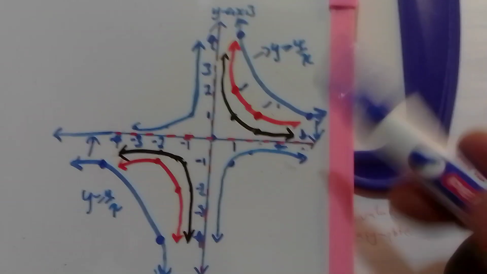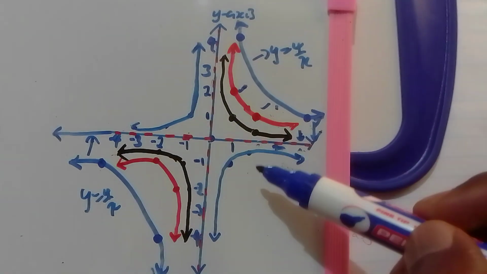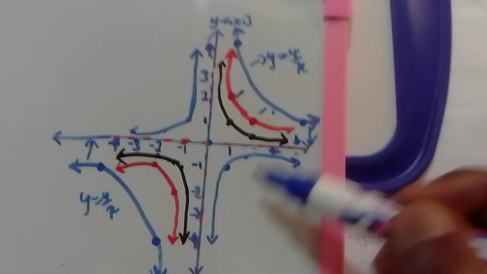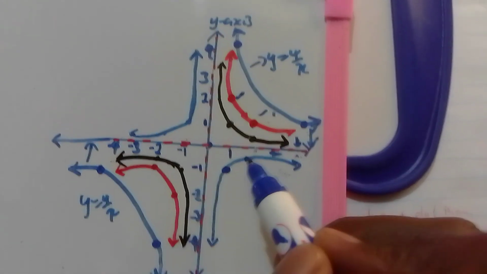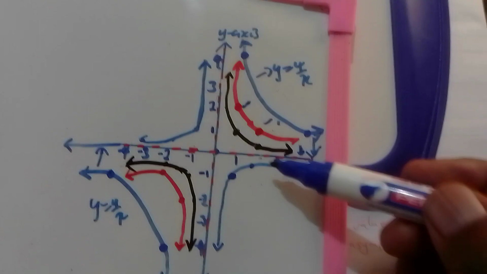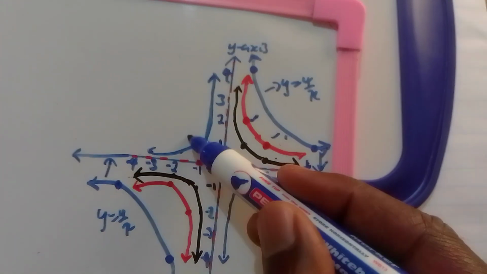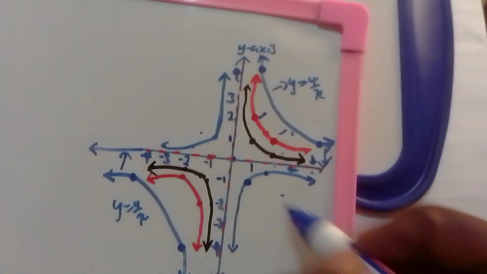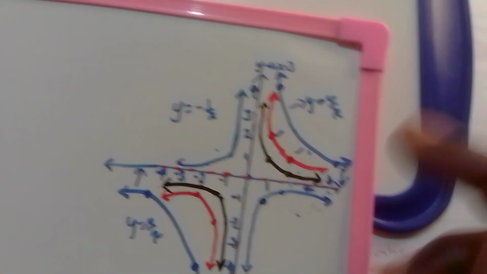And just like that, you can see that this in quadrant 2 here and quadrant 4, they are the reflection. This one is the latest reflection of what? Of the graph of y is equals to 1 over x, right? So this is reflected here, and that was reflected there. This is the graph of y is equals to negative 1 over x.